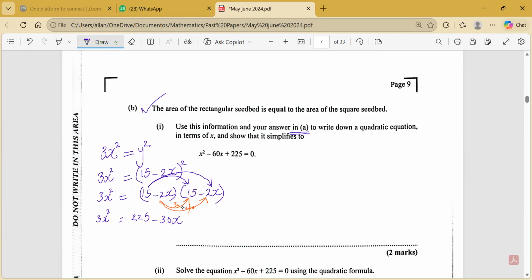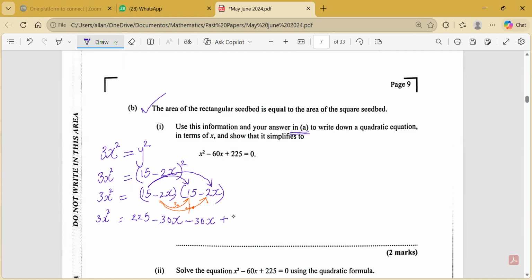Right, so we do the red part now. Negative 2x times 15: negative 30x again. And negative 2x times negative 2x: 4x squared.